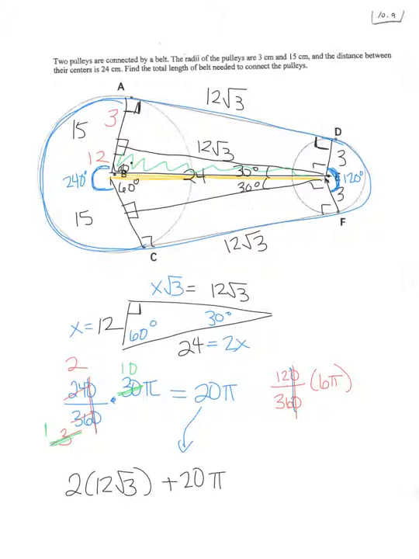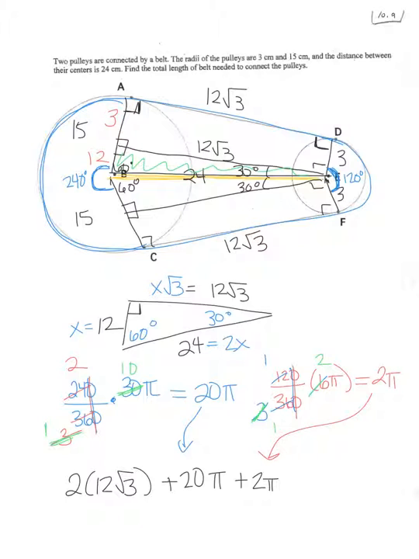So we get 12 and 36, they're both divisible by 12, so we get 1 and 3. And then 6 and 3 can be simplified to 1 and 2. You end up getting 2 pi. And that is the arc length right here, which is part of the belt. So we need to add that measurement into the final belt length.